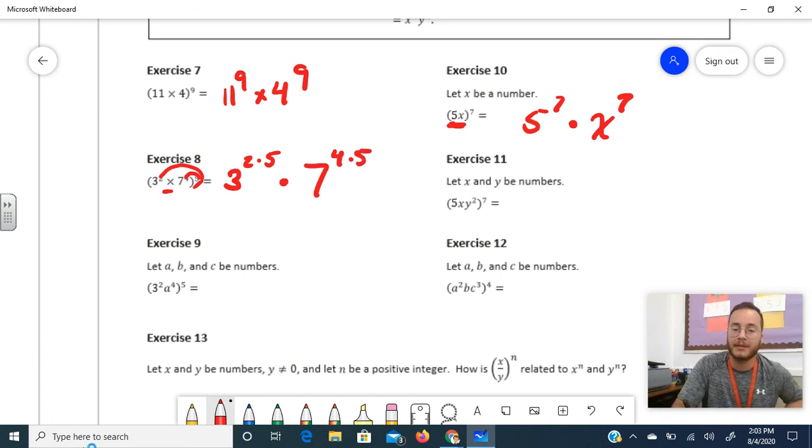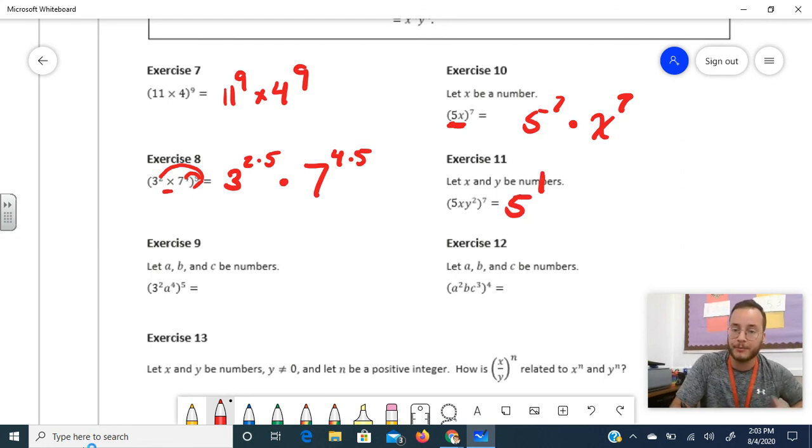Let x and y be numbers. (5 times x times y squared) raised to the 7th. Then I have 5 to the 7th power. The reason I'm not specifically multiplying right here is because remember, when you have a number like 5 and there's no exponent, they always have an exponent of 1.